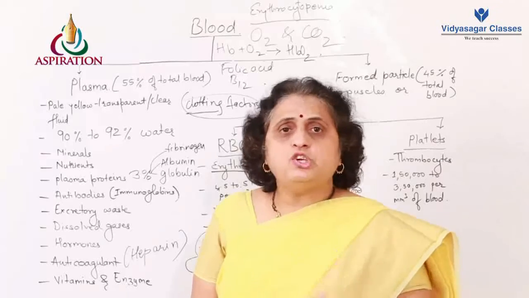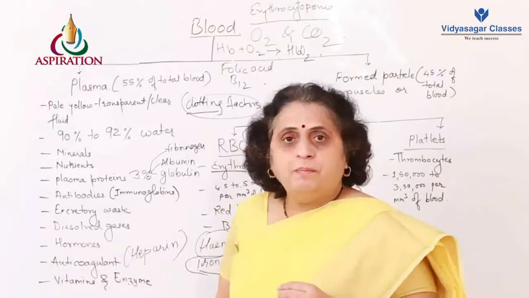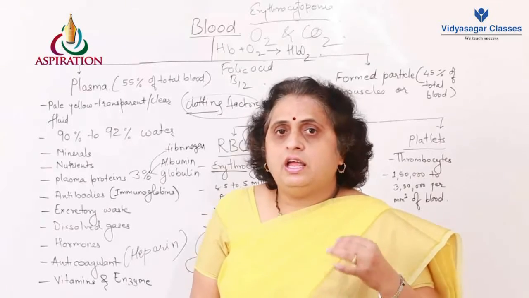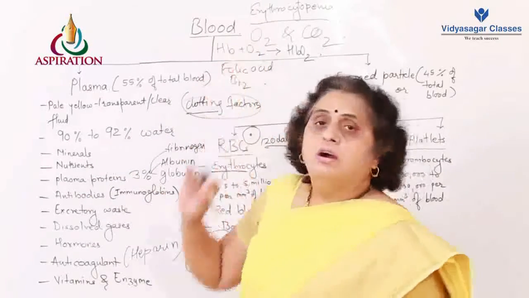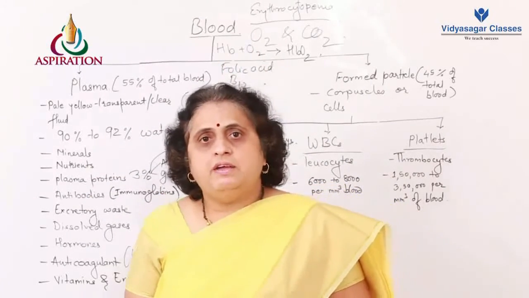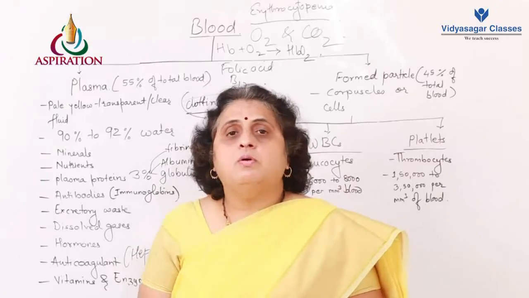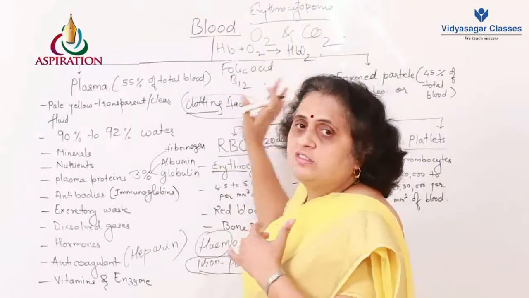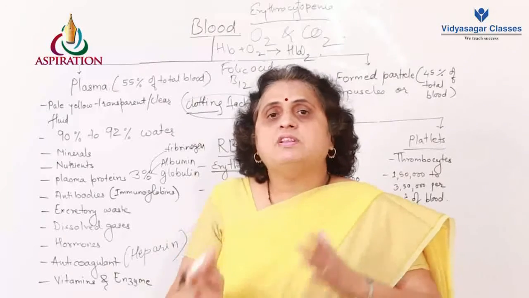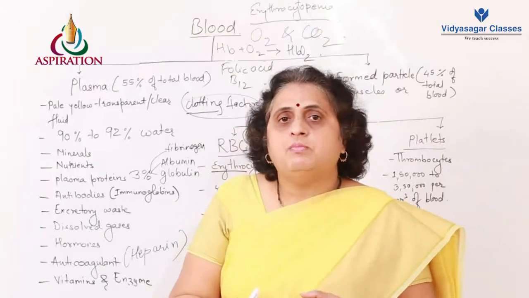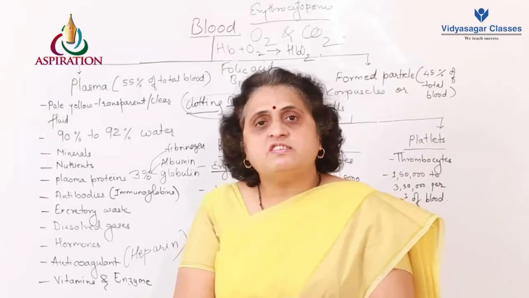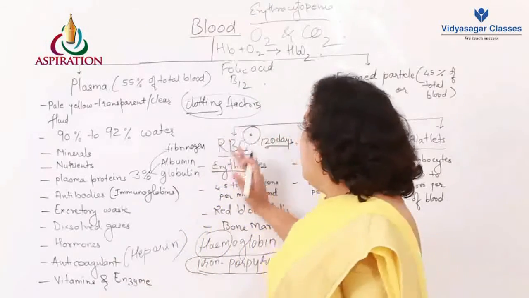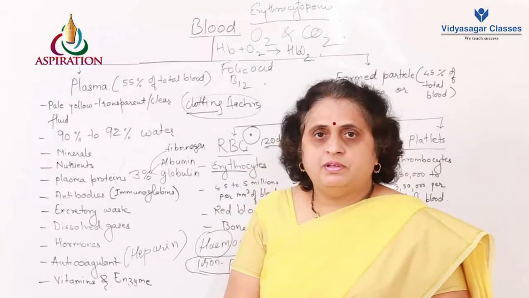Carbon dioxide from the tissues is definitely carried in the dissolved form, and a small amount of the carbon dioxide combines with the hemoglobin in the RBC and forms carbaminohemoglobin. So hemoglobin combines with oxygen to form oxyhemoglobin and combines with carbon dioxide to form carbaminohemoglobin. That is how gases are transported by hemoglobin in the body. So that is about the RBCs that we have.